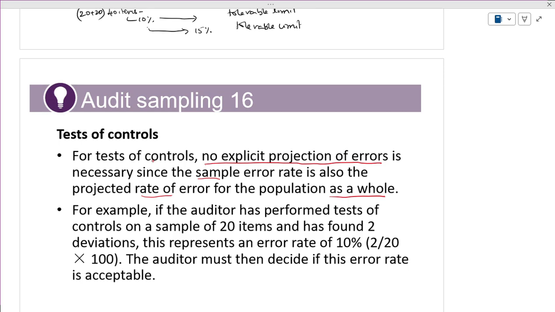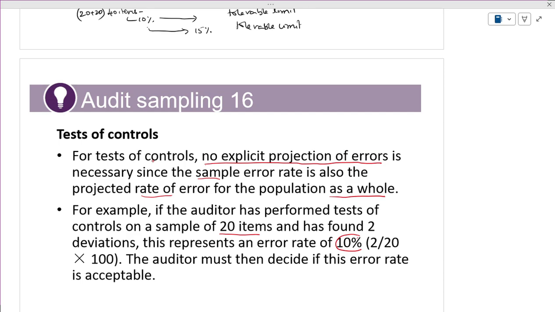For example, if the auditor has performed test of controls on a sample of 20 items and found two deviations, this represents 10% of the error rate. See the thing: now you are doing the test of controls.